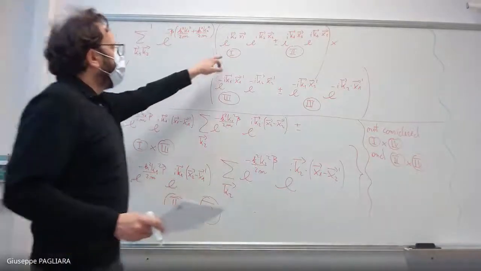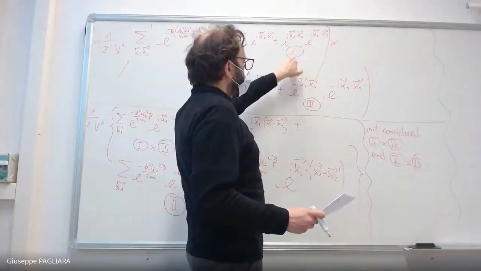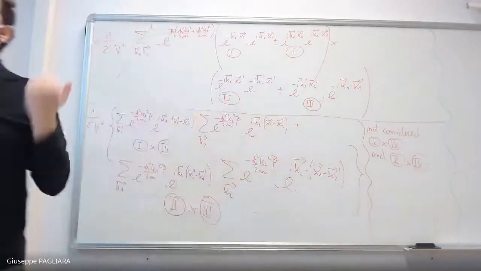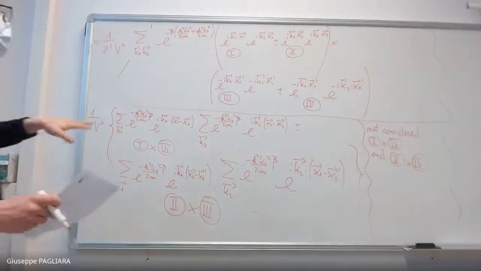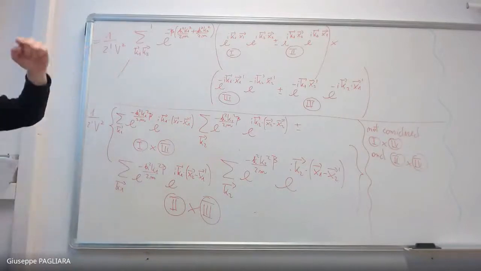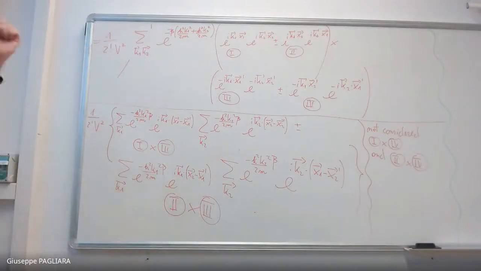So I'm not multiplying this times this and this times this, because the sum prime was excluding the cases in which K1 is substituted to K2 and K2 is substituted to K1.